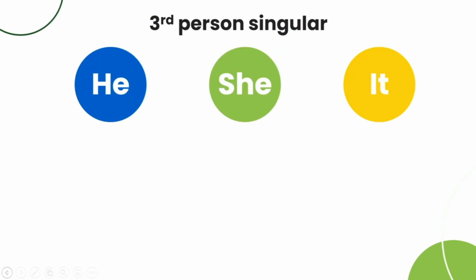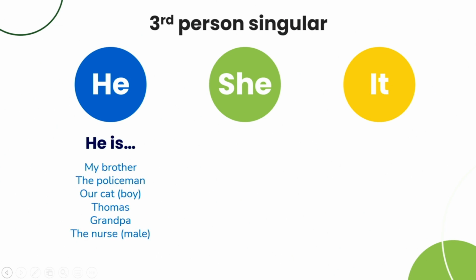So our third person singular, he, she, or it. But we don't always say he. There's lots of other things that mean the same as he for a subject. My brother is. The policeman, singular. Our cat, if the cat's a boy. Thomas, a boy's name or a man's name. Grandpa.